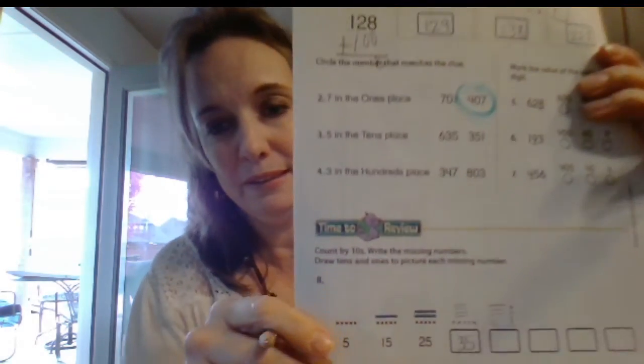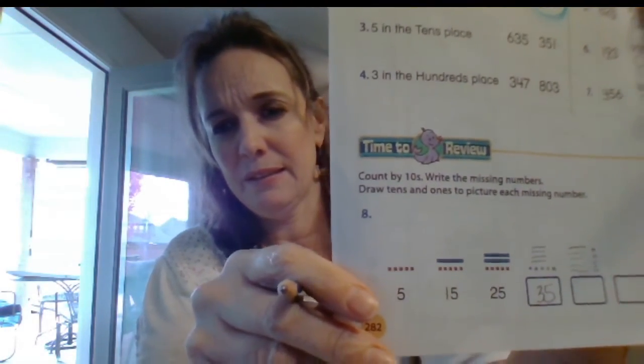I'm going to have to draw my ones beside it. 1, 2, 3, 4, 5. So it looks like this. What is it? I see what I did. I am so sorry. I did 4 for 45. I'm going to mark one of those out. It's 3 groups of 10 for 35. It's 4 groups of 10 for the next one. So what is it? 45. I got a little ahead of myself there.